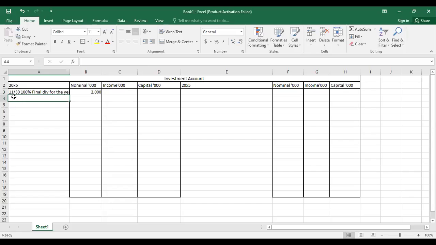And then we have 25% that was paid as interim before death. So 25% of the nominal will be 500.